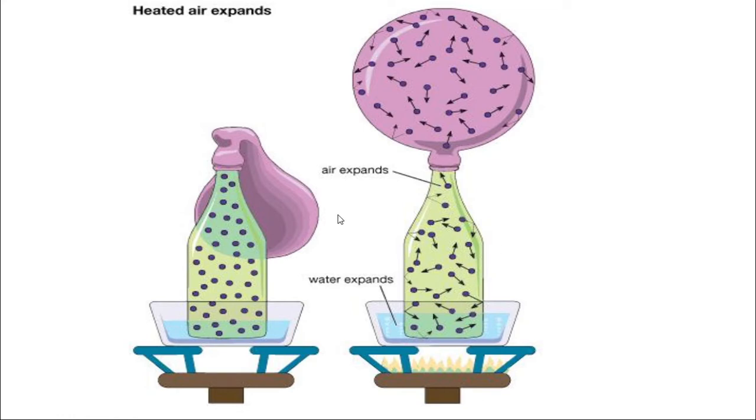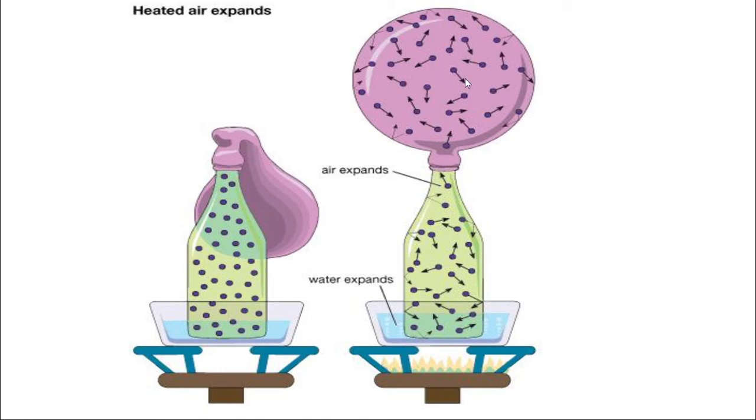If you take particles inside this bottle, for example air particles, and you heat them up, they'll move around much quicker and take up much more space, and you can see here that they're taking up even more space. They'll cause the gas to expand.